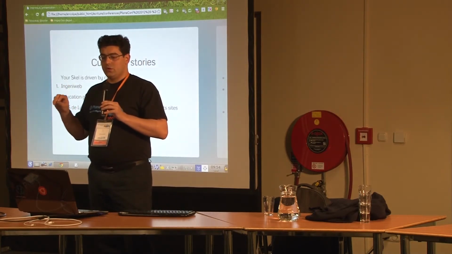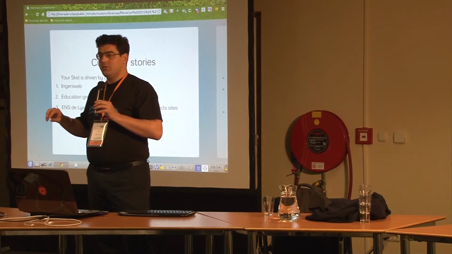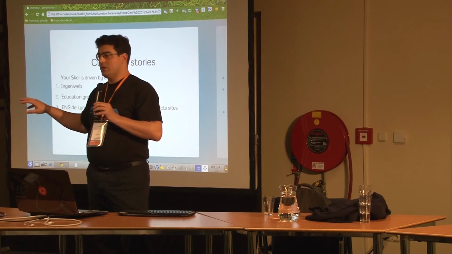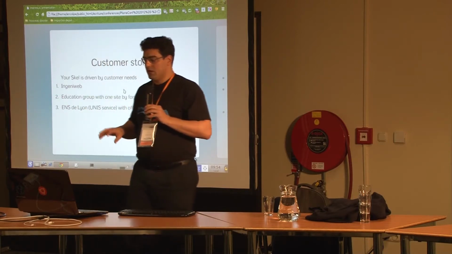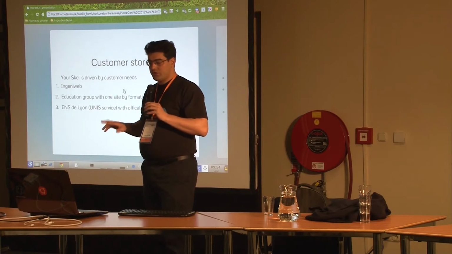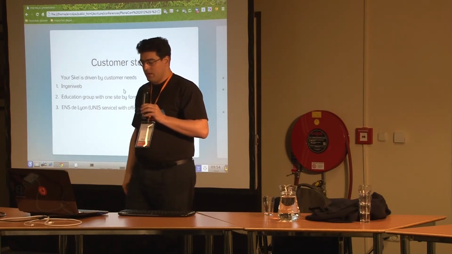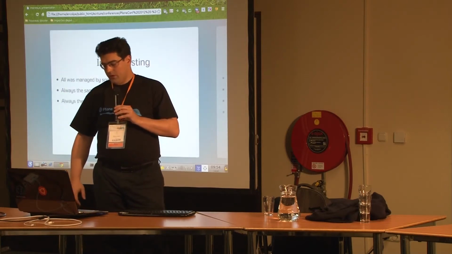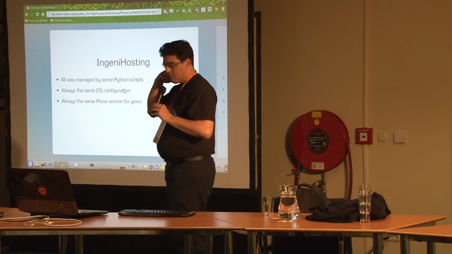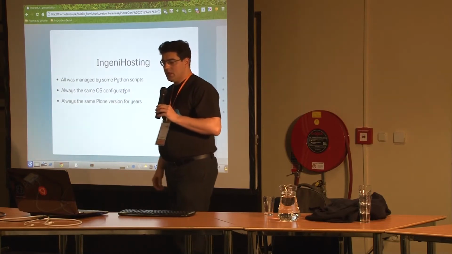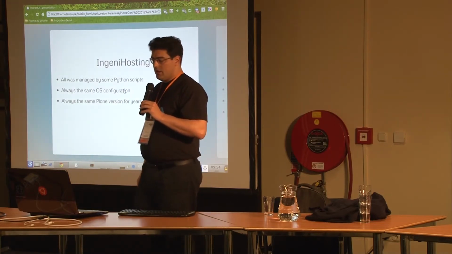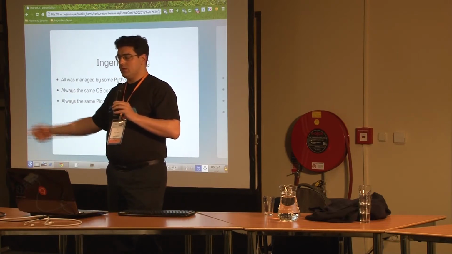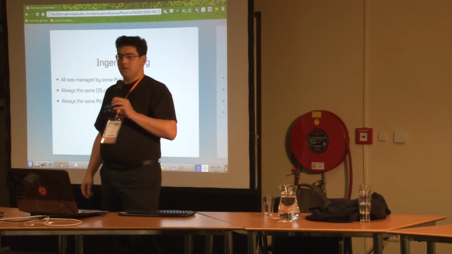If your customer wants to have something deployed on Amazon, you have to take Amazon specificities into your scale. Here I will show you 3 short customer stories I had to manage before. First, 10 years ago, Ingeniweb built something called Ingeniweb hosting that can create Plone sites for free hosting.